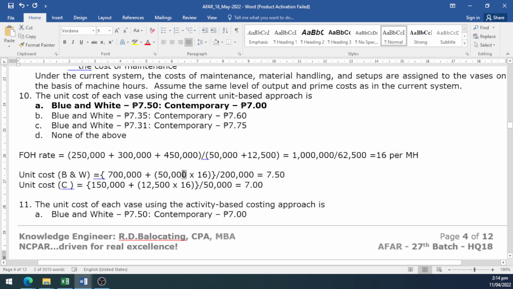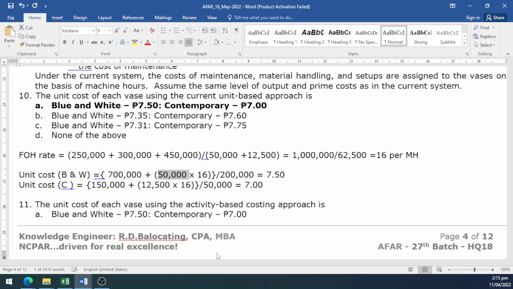Then there are 50,000 machine hours for blue and white. 50,000 times 16, that is actually 800,000. Ano? The total manufacturing cost for blue and white is 1,500,000. Prime cost na 700. And then 800,000 na overhead. So the unit cost is 750.